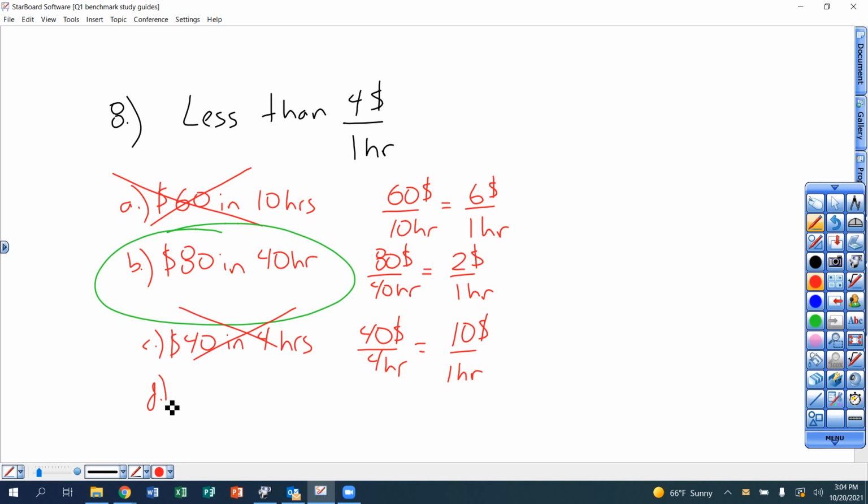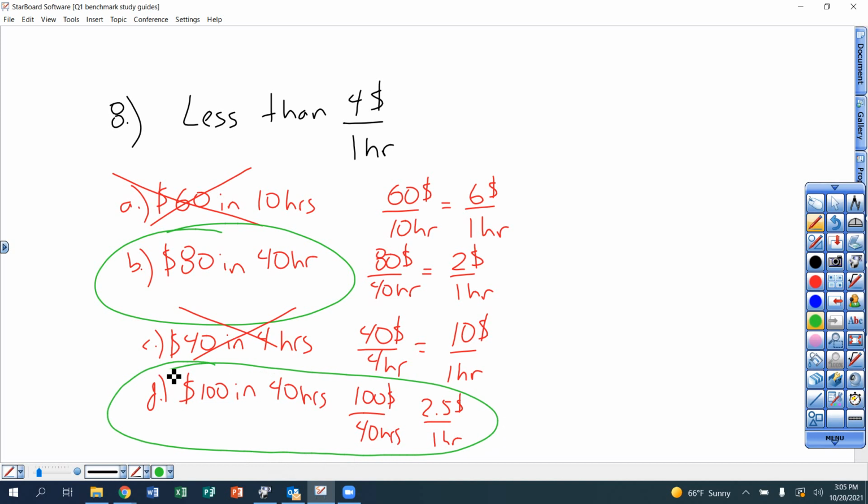If I do choice D, $100 in 40 hours. If I divide those two, 100 divided by 40 gives me $2.5 for every 1 hour. That for sure is less than $4. Fourth word is wolf. Wolf.